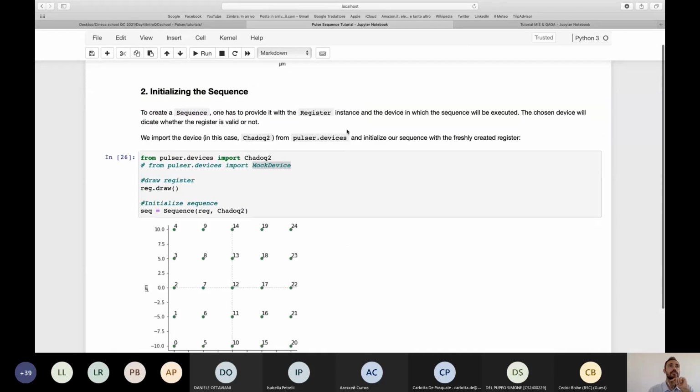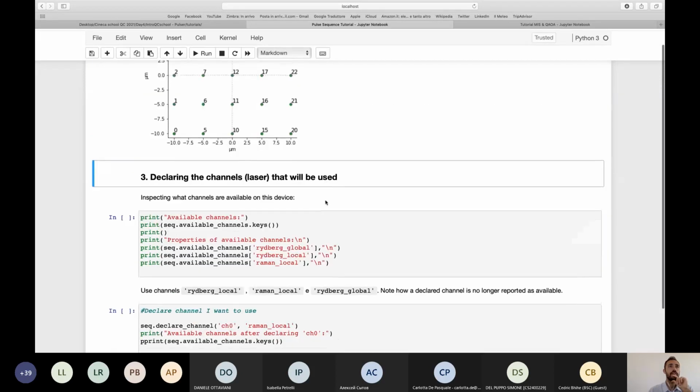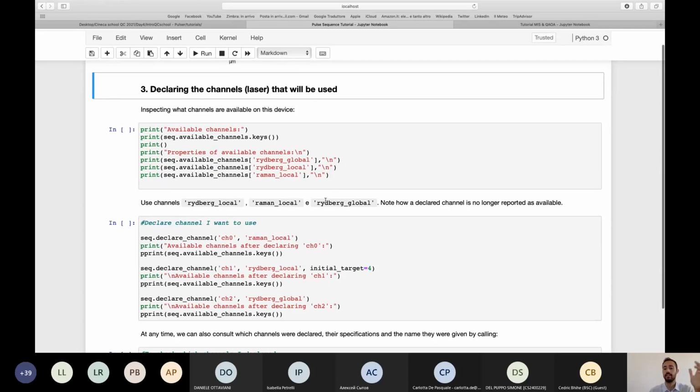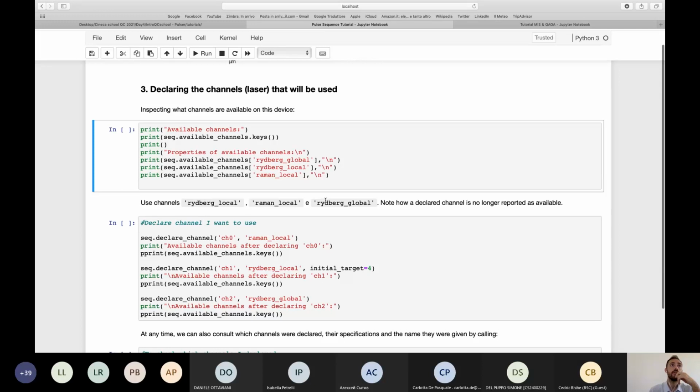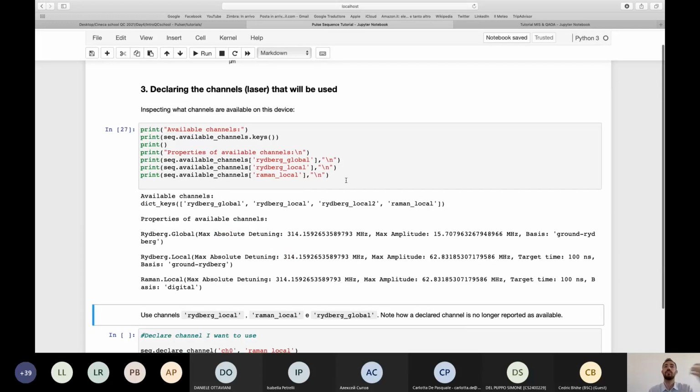Okay, we did this. Then let's declare the channels, so the laser that we want to use. We can have different channels. As we have seen, we have a global channel and 2 local channels. And this tells you the maximum tuning, the maximum amplitude that you can have.